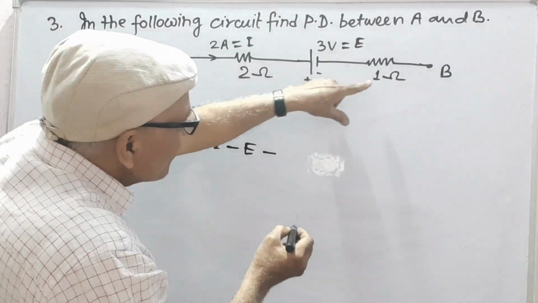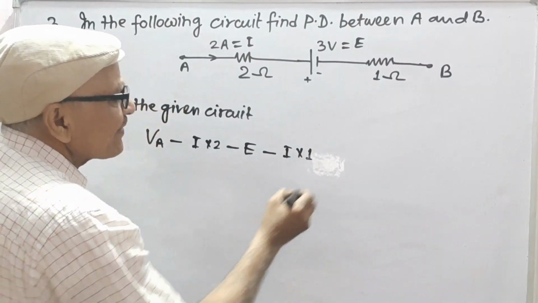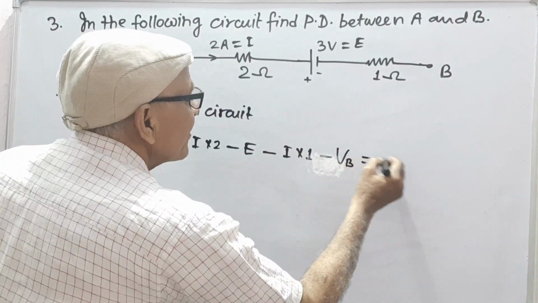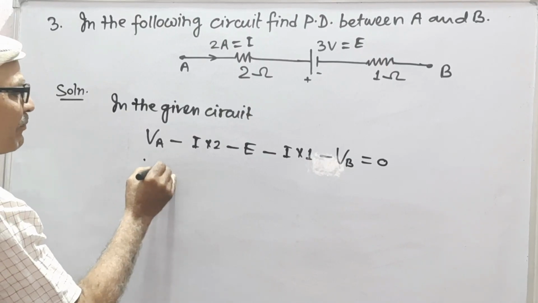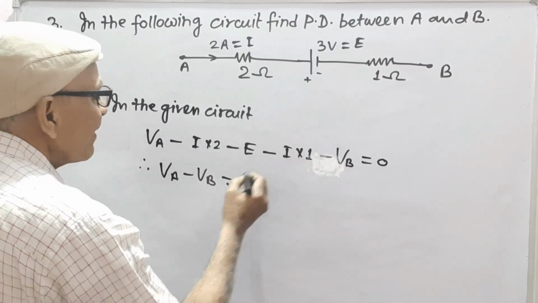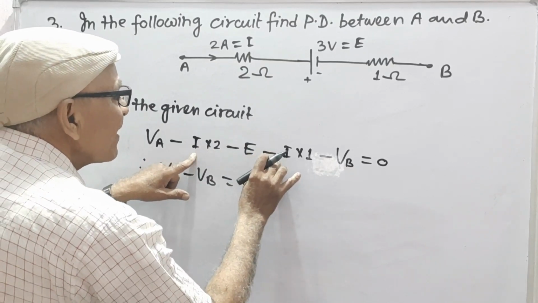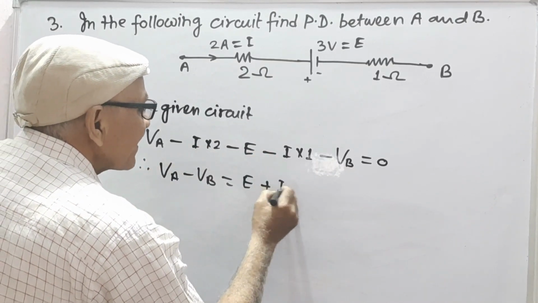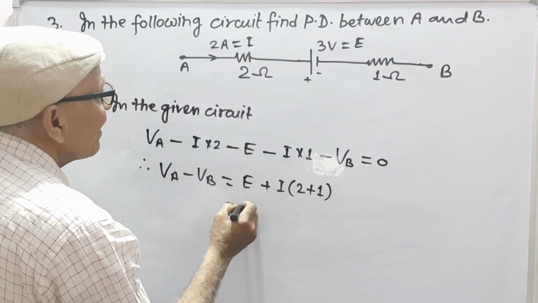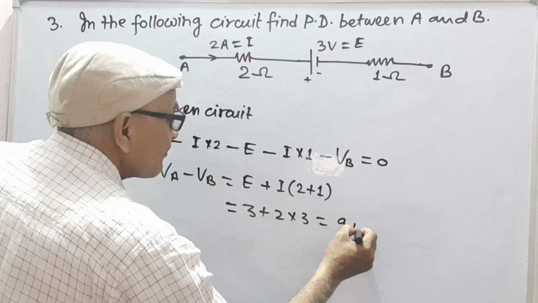Again I into 1 ohm will be taken negative, it is in the direction of current, minus VB will be 0. Therefore, VA minus VB will be equal to E plus I into 2 plus I into 1, means I taken common 2 plus 1. So we get 3 plus 2 into 3, means 9 volt.